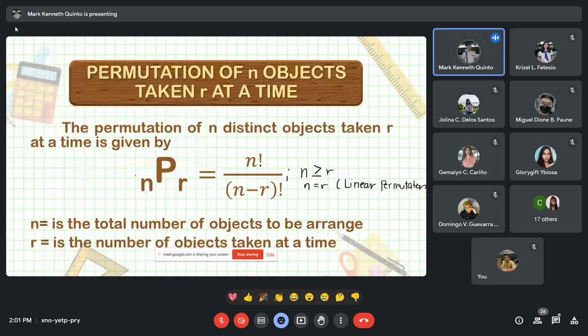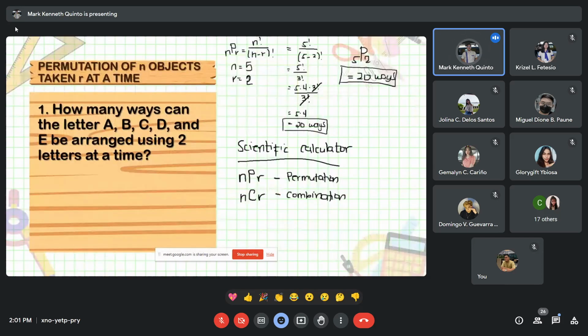And what about for permutation of n objects taken r at a time? Actually, when Ma'am Joy discussed the combination, it also had combination of n objects taken r at a time. So that is confusing. So all you have to do is to analyze first the problem if order is important.